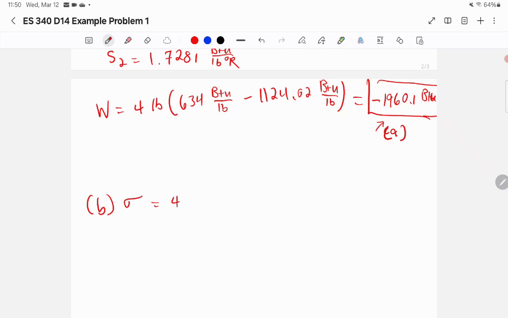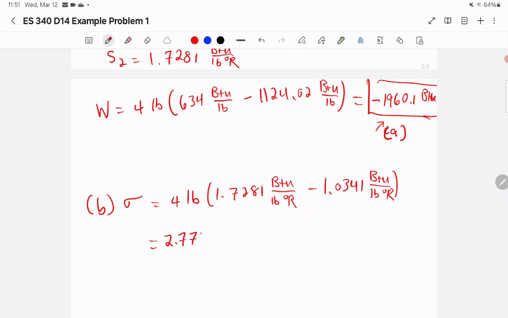Sigma must then be equal to 4 pounds times 1.7281 BTU per pound degree R minus 1.0341 BTU per pound degree R, which is equal to 2.776 BTU per degree R, since we multiplied through by the pounds there.